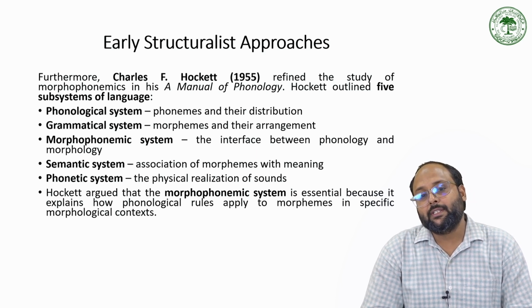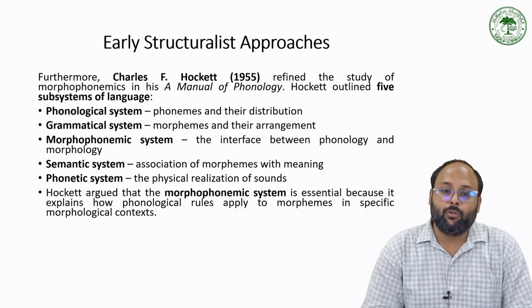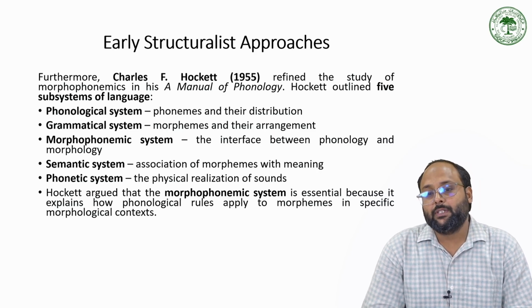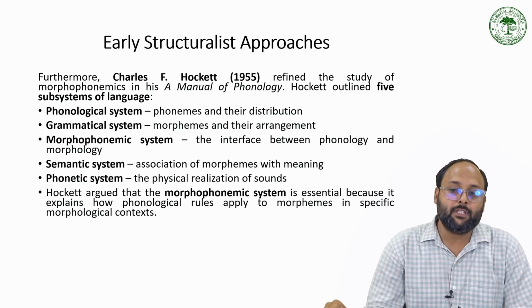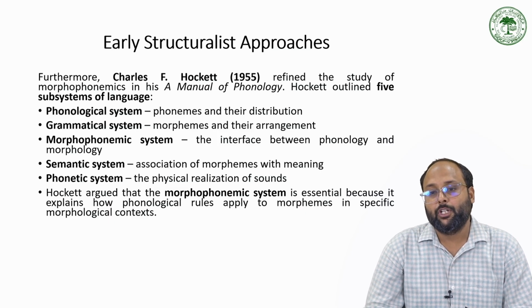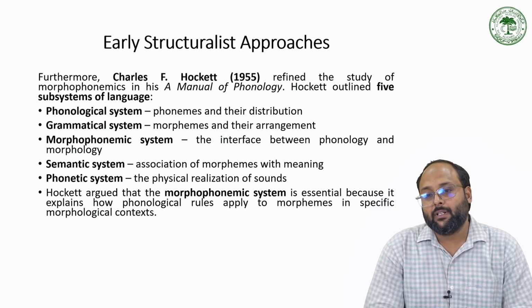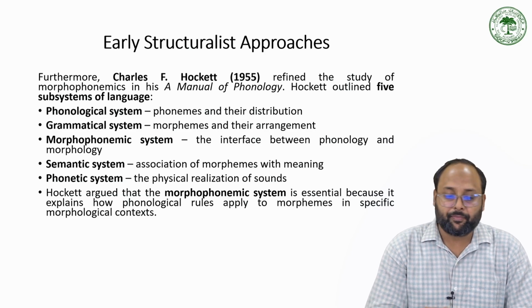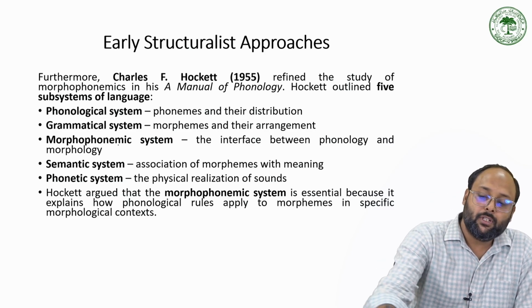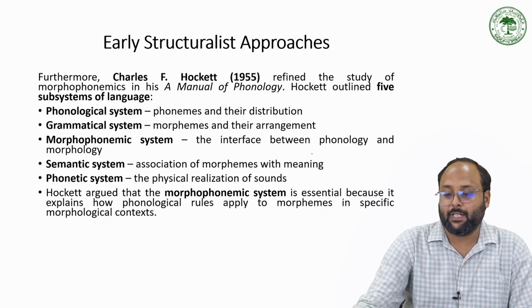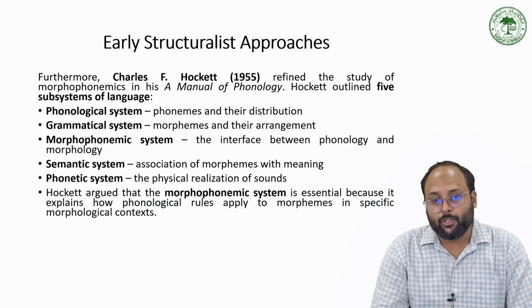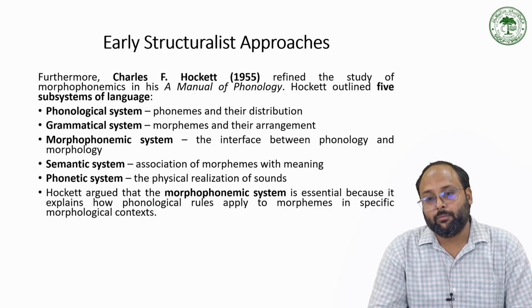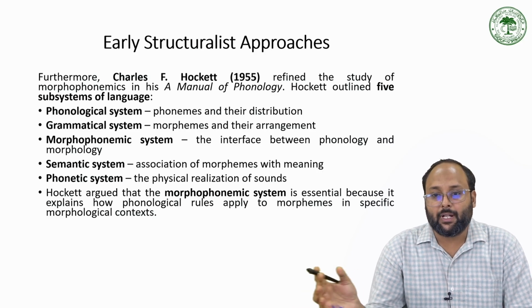Hockett described the morphophonemic system in his book A Manual of Phonology. It goes vice versa: there are certain morphemes which change due to certain phonemes, and certain phonemes which change due to certain morphemes because they occur together.